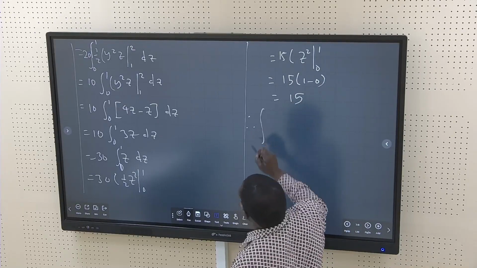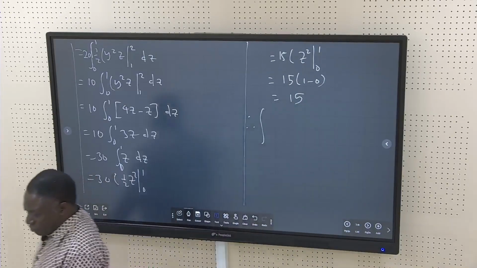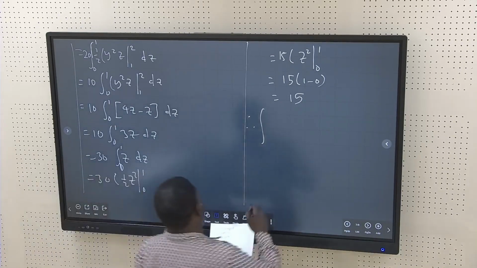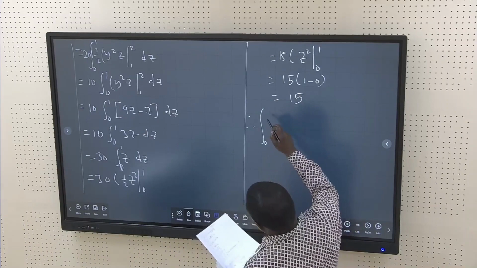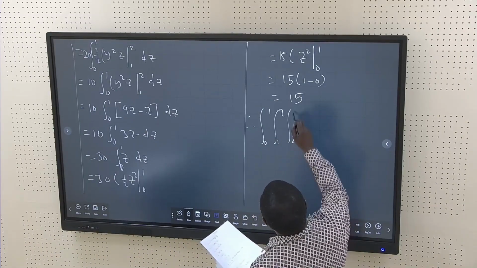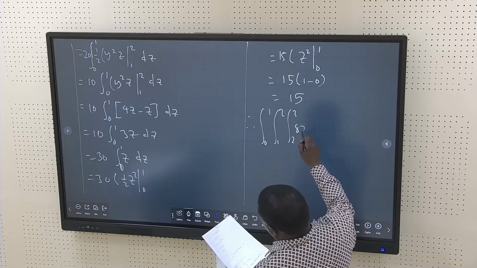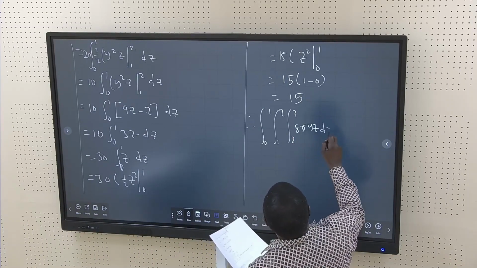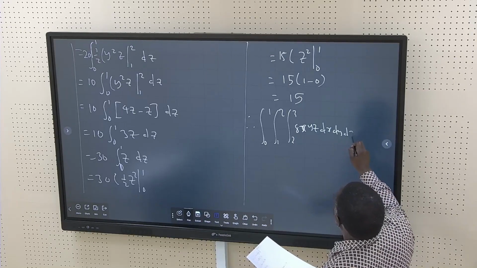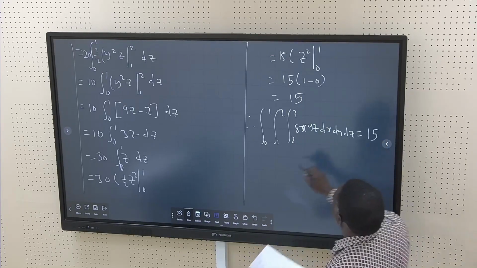Therefore, the integral from 0 to 1, from 1 to 2, and from 2 to 3 of 8xyz with respect to x, y, and z equals 15.